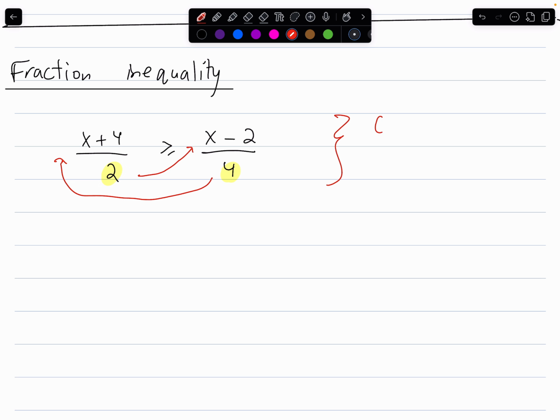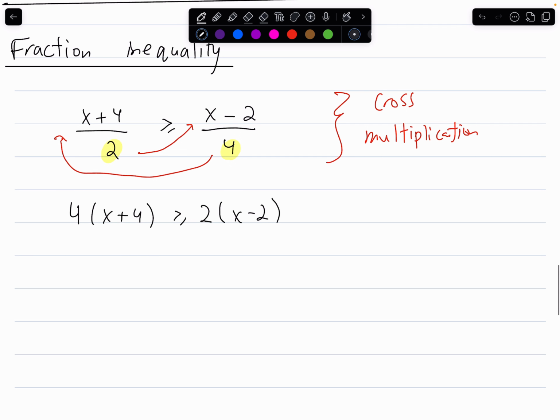This is called cross multiplication. So 4 times (x plus 4) is greater than or equal to 2 times (x minus 2).